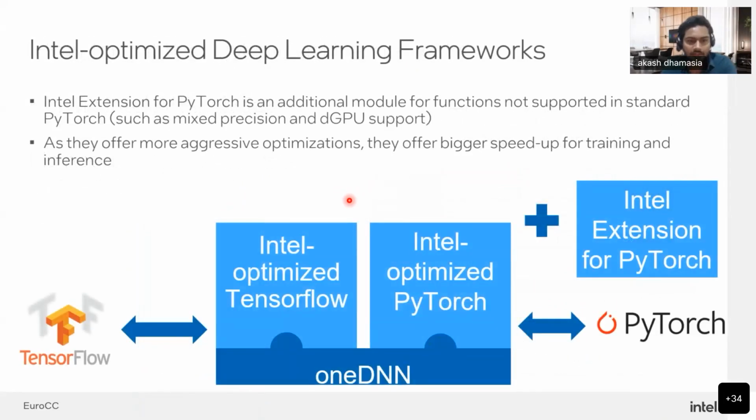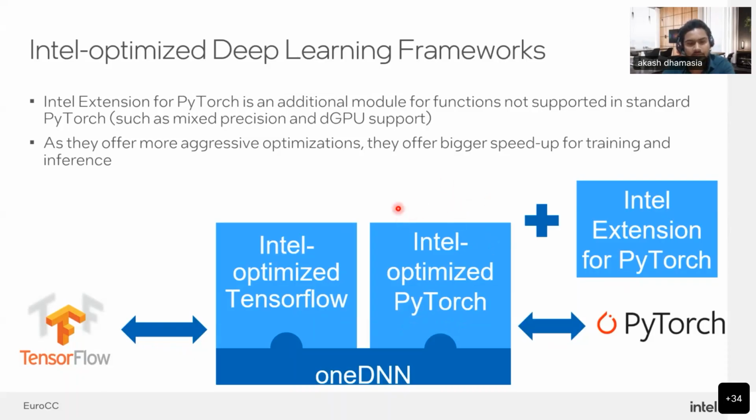Now there is one thing which is different in PyTorch than in TensorFlow. In PyTorch, some of the oneDNN optimizations are not going to the upper level. So we offer Intel Extension for PyTorch, which bypasses all the blocking, because PyTorch is owned by Meta and they normally take time.